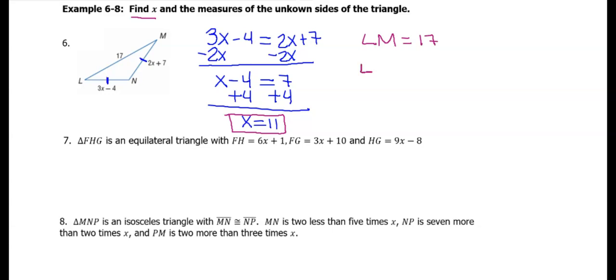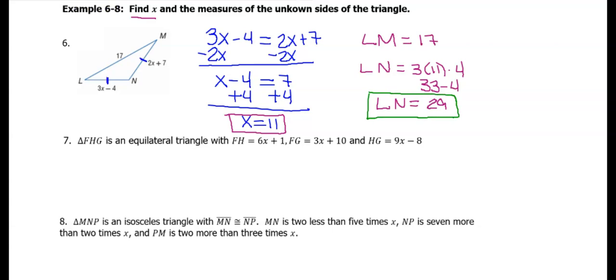And then we have LN, which is going to be 3 times the 11 we just found, minus the 4, which is going to be 33 minus 4, which is 29. And then because I already know that those two sides are congruent for LN and NM, I can go ahead and say NM would also have to be 29 as well.